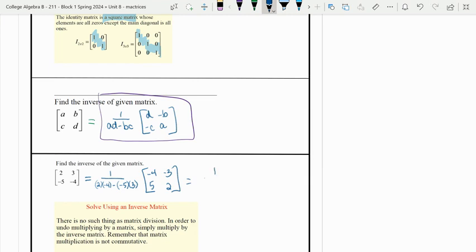Simplify this, so that's 1 over negative 8 minus negative 15 times negative 4, negative 3, 5, 2. So that's 1 over 7 times negative 4, negative 3, 5, and 2. To finish this, multiply the 1/7 through, so you get negative 4/7, negative 3/7, 5/7, and 2/7.